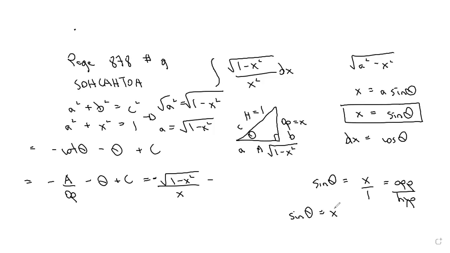So basically, it's sine inverse on this side and sine inverse on this side as well. And then this will cancel, and you get theta equals sine inverse x. You're allowed to do that as long as you do it for each side. So that should be minus theta, so that's minus sine inverse x plus your constant.